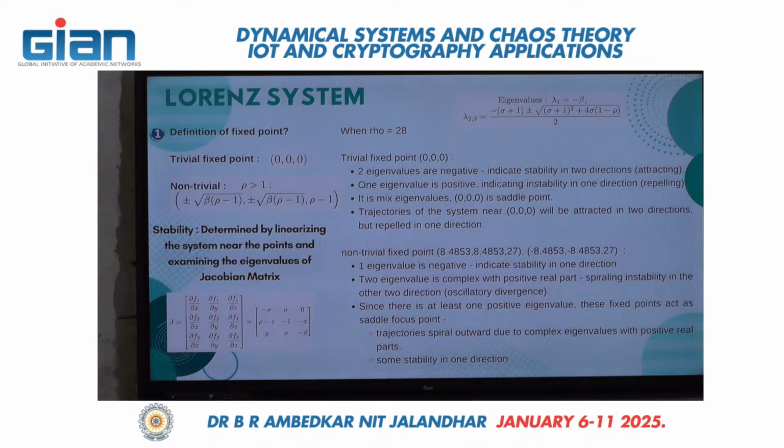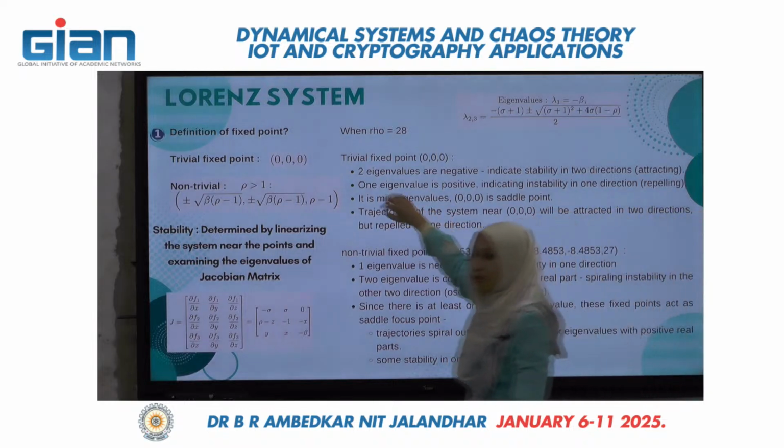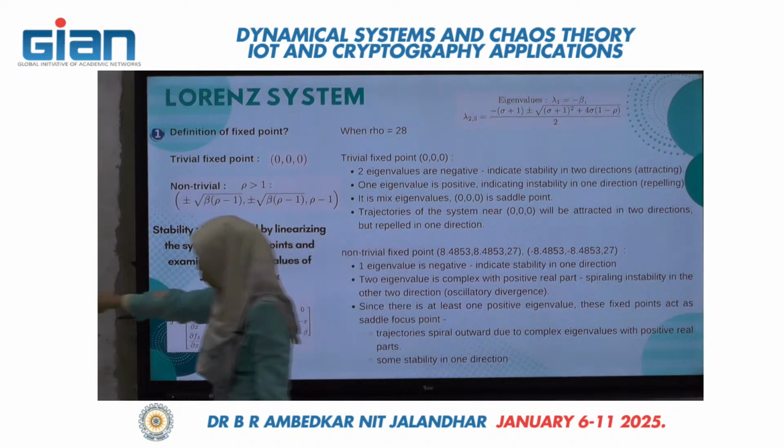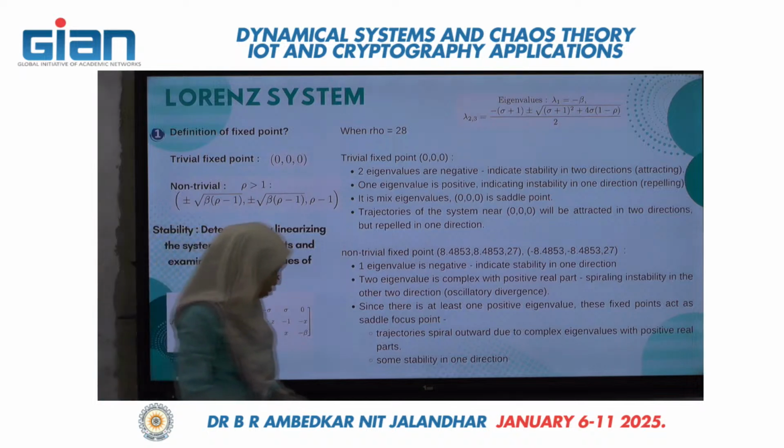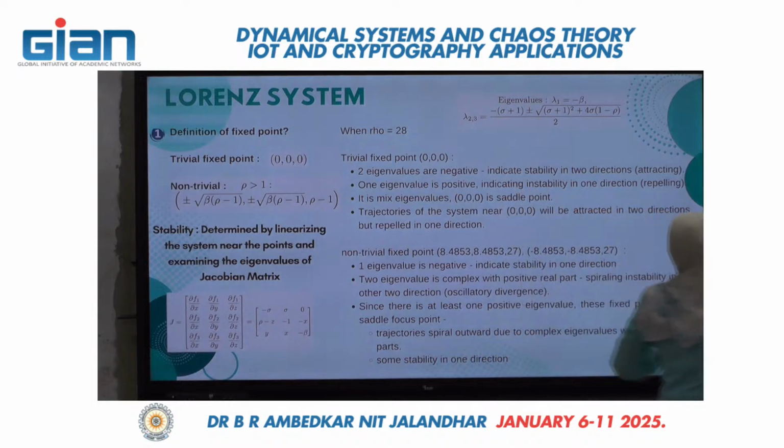So we have two fixed points, right? Because we have x equal to 0 here. This is what we call the trivial fixed point, and this one we call the non-trivial fixed point. So now we check the trivial fixed point 0, 0, 0. Our x will be 0, our y will be 0, and minus beta.